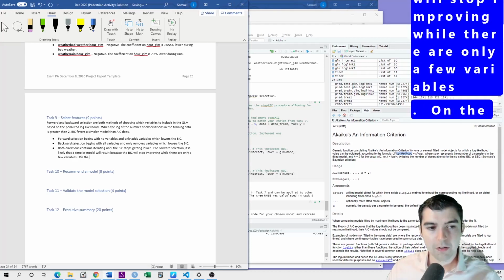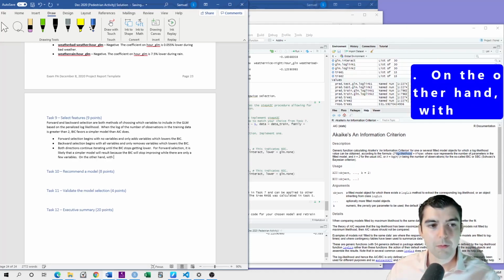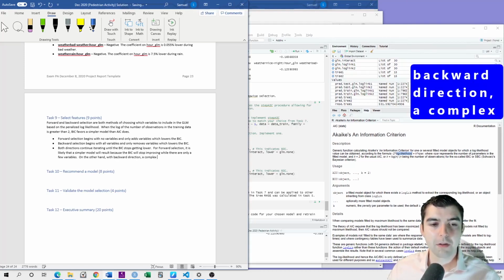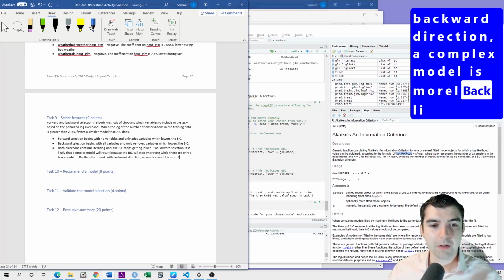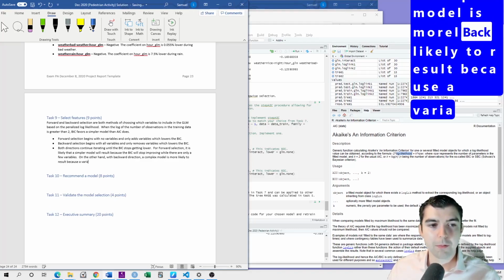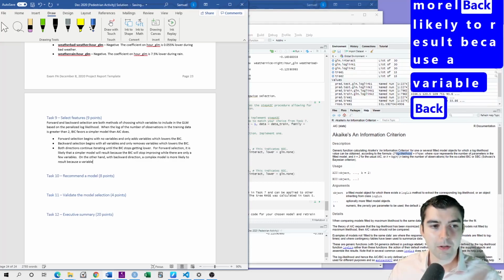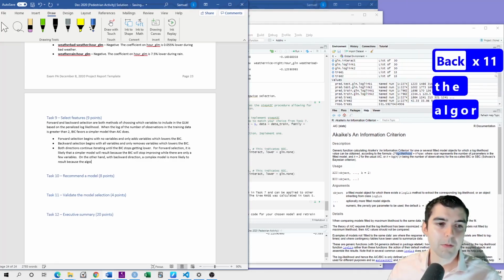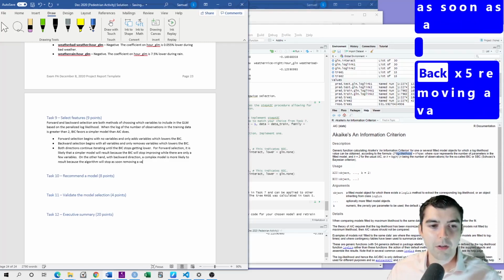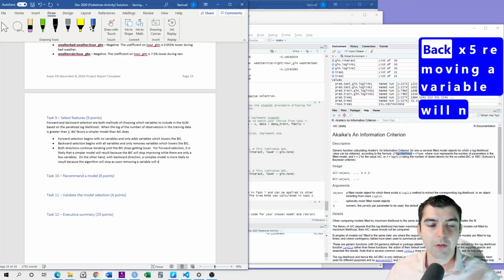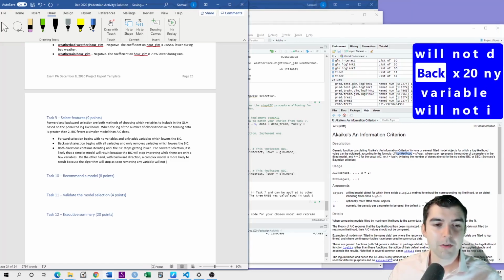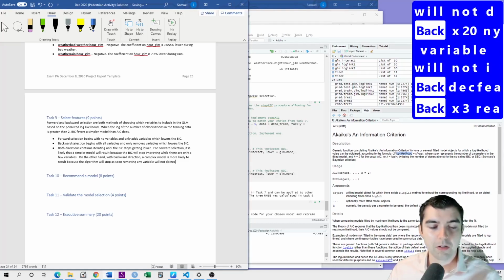On the other hand, with backward direction, a complex model is more likely to result because the algorithm will stop as soon as removing any variable will not decrease BIC.